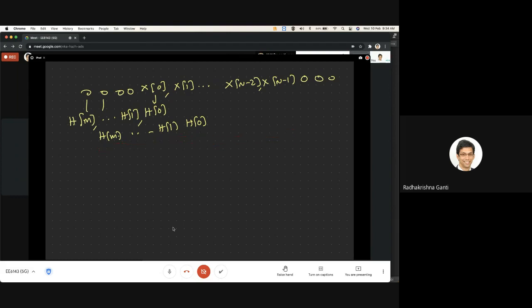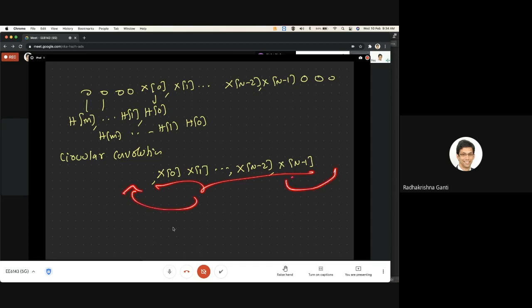So what is circular convolution? You repeat this sequence. You repeat this sequence again here, and again here. Essentially, you make it periodic.